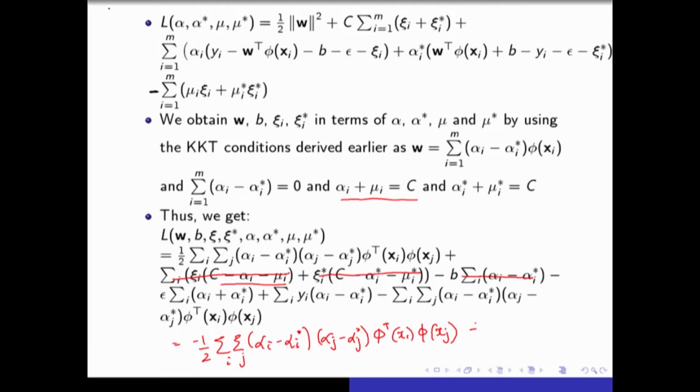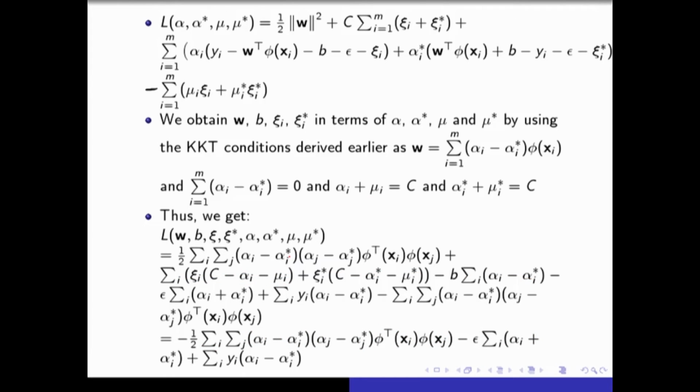So we would have the sum of the alpha i's and alpha i stars with epsilon, plus a term involving yi with alpha i minus alpha i star. Note that this doesn't vanish because there is a multiplication with yi for every alpha i minus alpha i star. So here's our final objective simplified, and as I mentioned, we have basically projected along the KKT set.